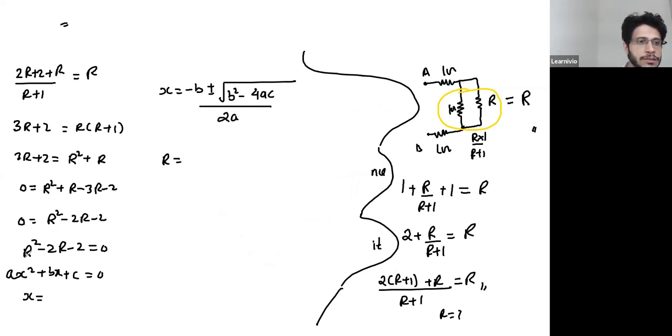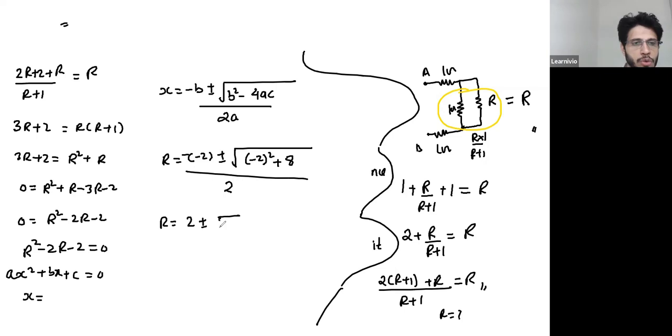So your R is, instead of b, I'm using minus 2, so it's minus of minus 2. Have you done this relation in class 10? Yes, sir. So this is minus 2 square plus 4ac means 4 to 8, divided by 2a, that means 2. So R is 2 plus minus root over 12 by 2, so your R is 2 plus minus 2 root 3 by 2.